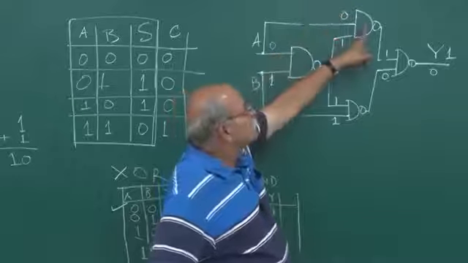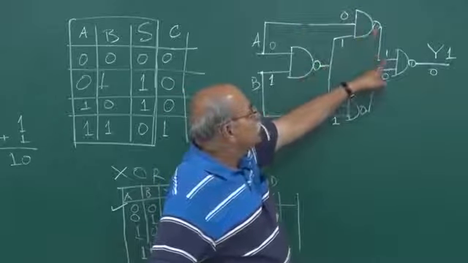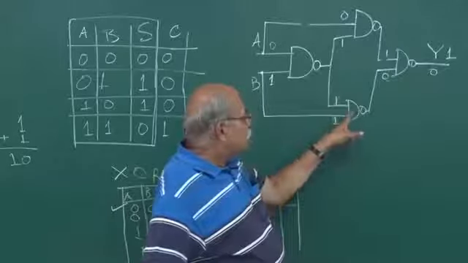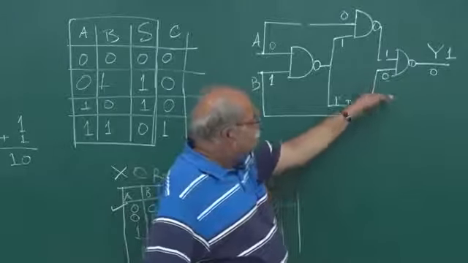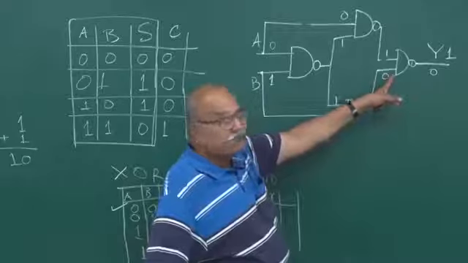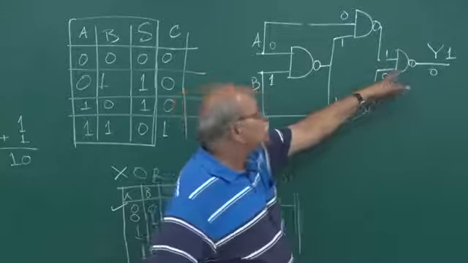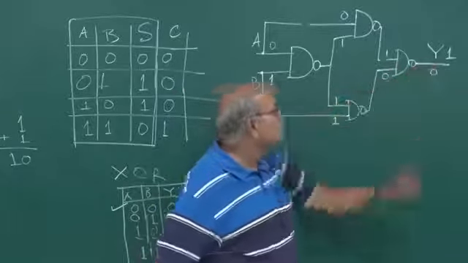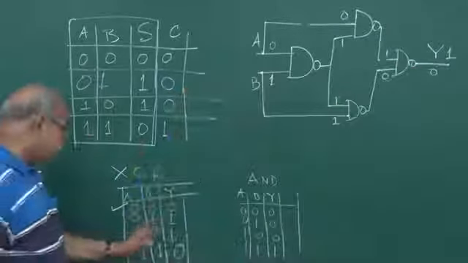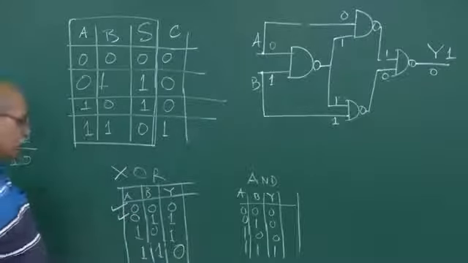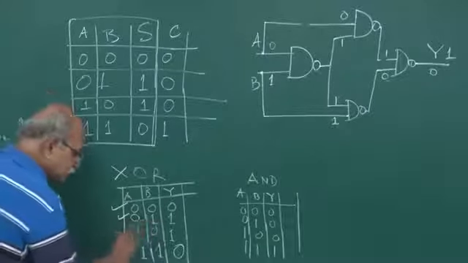So here it is 0, here it is 1. So this is 1. And then this side 1 and 1 is 1 and then NOT of that is 0. So it is 0. 1 and 0 is 0 and therefore NOT of this is 1. So it is 1. So 0 and 1 is giving me 1. So this line is okay. And you understand, if this line is okay, then this line is also okay.